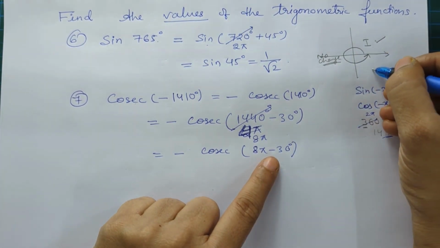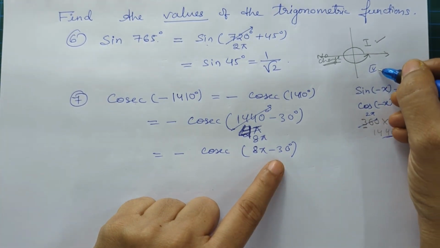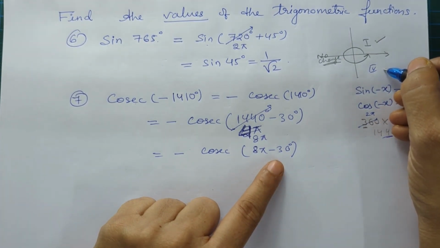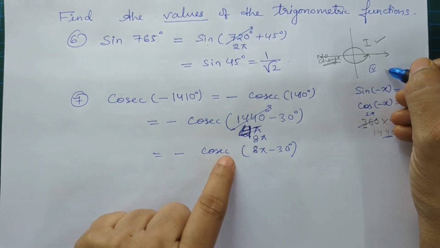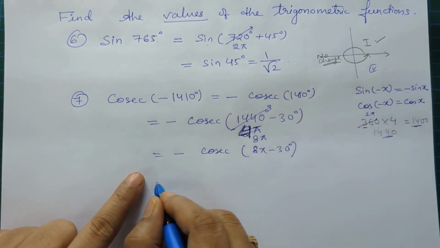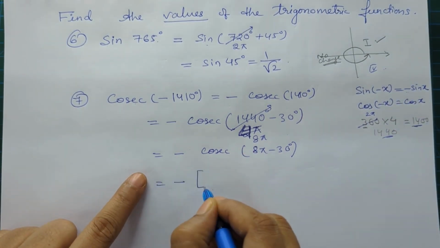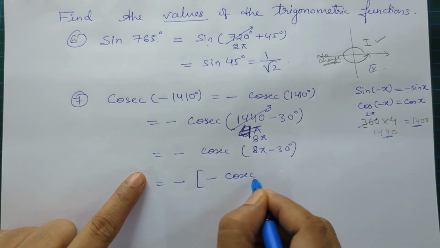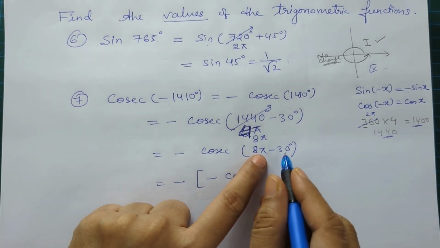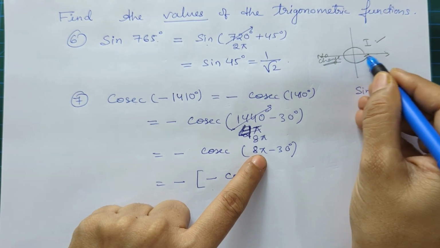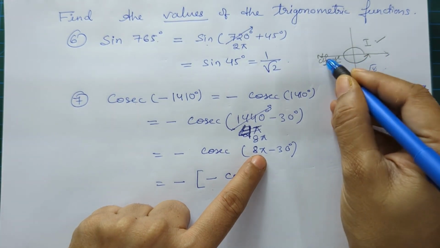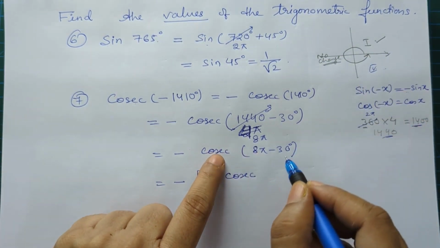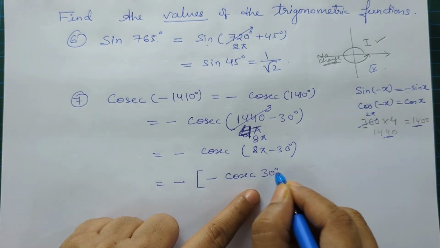Minus 30 means it comes to the fourth quadrant. In the fourth quadrant, cos and sec are only positive, rest all are negative. So cosecant of this angle is negative. So it is negative of negative cosecant, but it is 8 pi minus 30, which means it is about the x-axis. So this is the no change line. So cosecant remains cosecant, cosecant of 30 degrees.